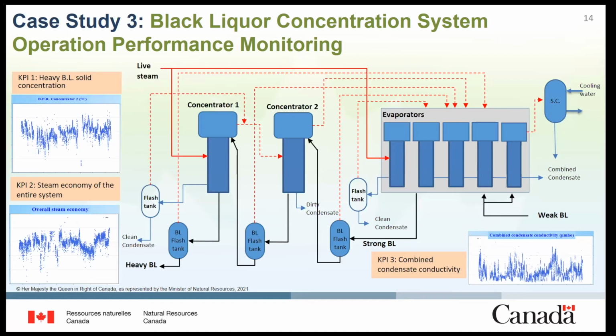Another case study where the tool is applied is for a black liquor concentration system. For this, we have 3 KPIs. The first one is the heavy black liquor solid concentration, the steam economy of the entire system, and the combined condensate conductivity. So these 3 KPIs are related to the energy efficiency of the kraft process.